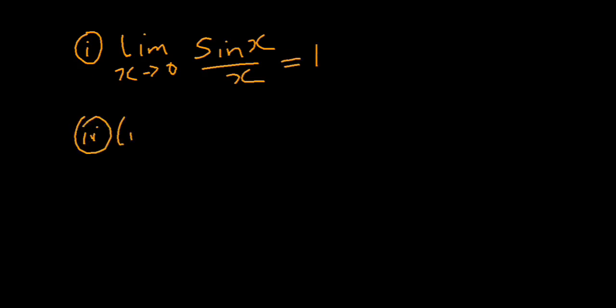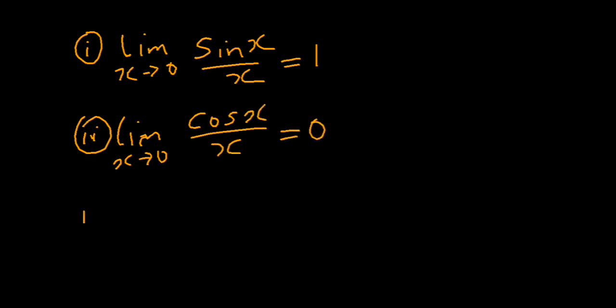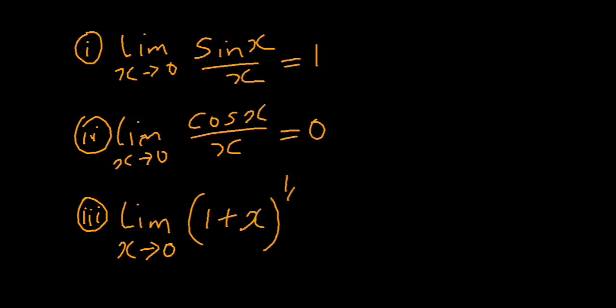Second, the limit when x tends to 0, cos x over x is equal to 0. Third, for the limit when x tends to 0, in brackets 1 plus x raised to power 1 over x is equal to e.